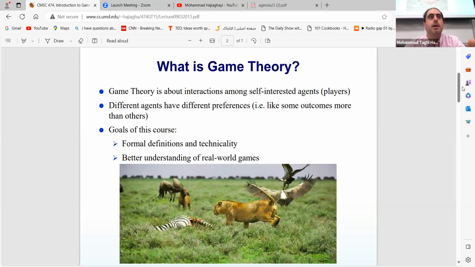And each of them has different preferences. It means that they like different outcomes. For example, if you consider the game between viruses and a particular human, these viruses are working in a very distributed, beautiful way, bacteria even.